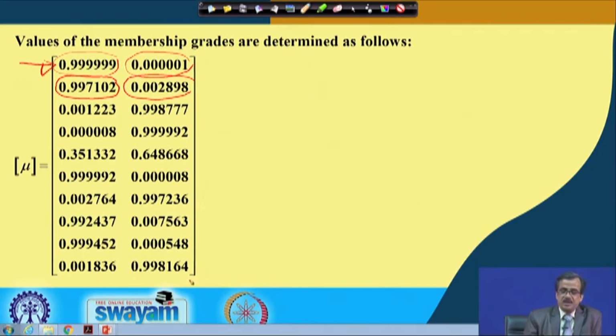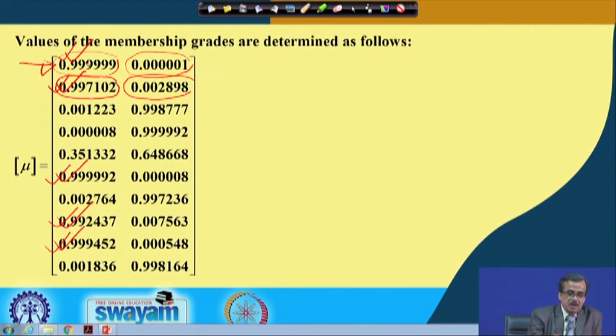Now, you try to locate, out of these 10 sets of values, with respect to the first cluster center, whose values are very near to 1. For example, corresponding to the first data point and the first cluster center, this particular mu value is very near to 0, this is also very near to 0, and so on.